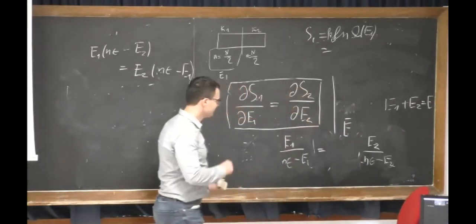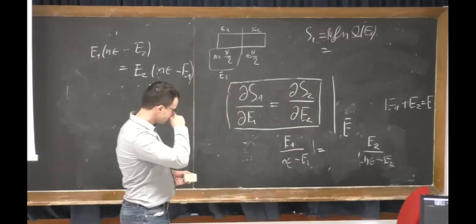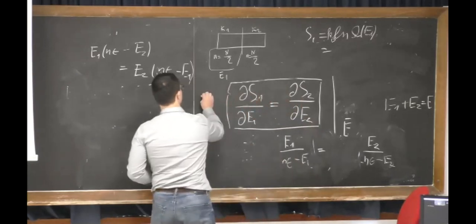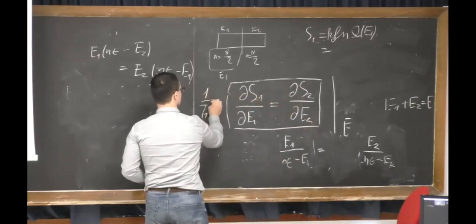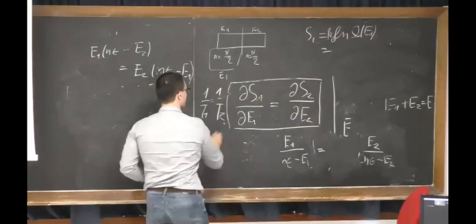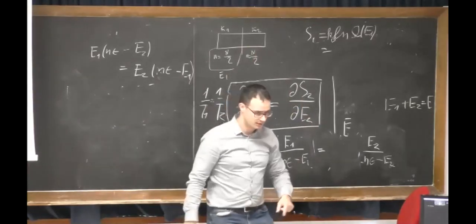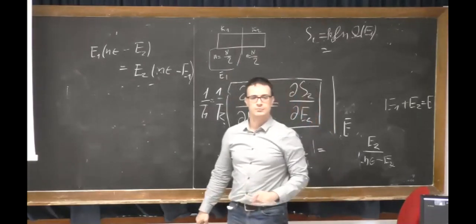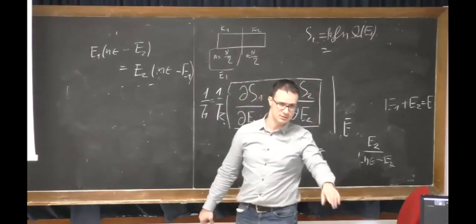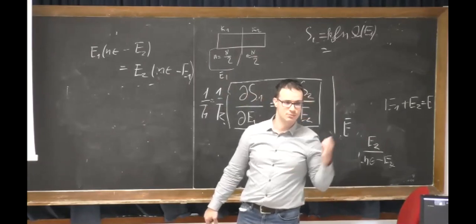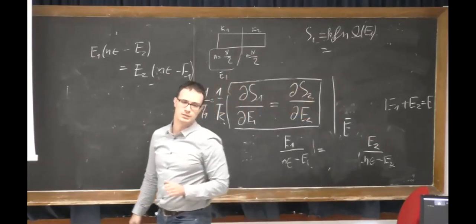One more thing. So we found that 1 over T1 equals 1 over T2. What do you think about the whole? If I use the Kardar formula for temperature for the whole system, not for the half, will it be equal to T1 and T2, or will it give me a different value?